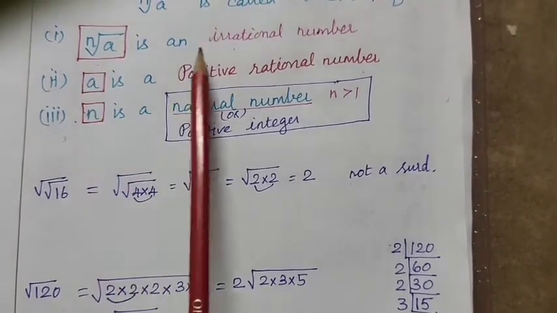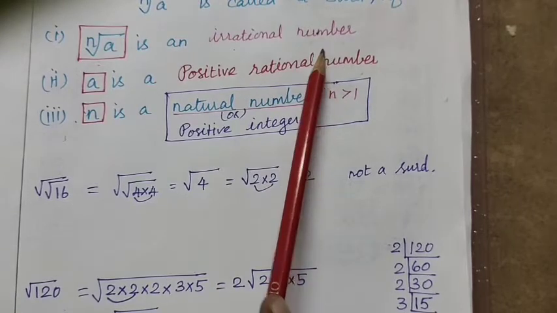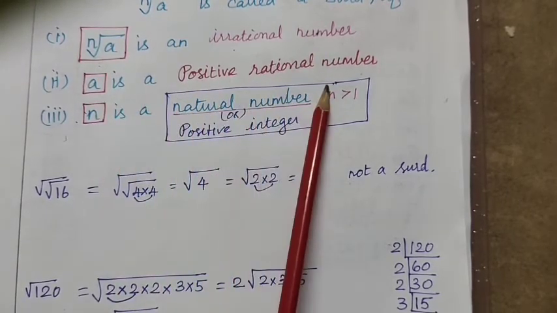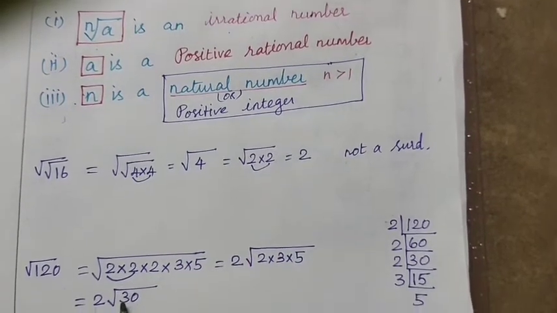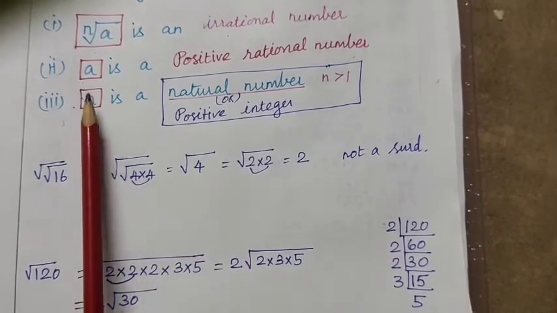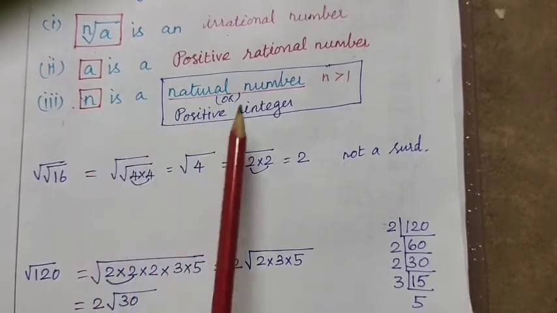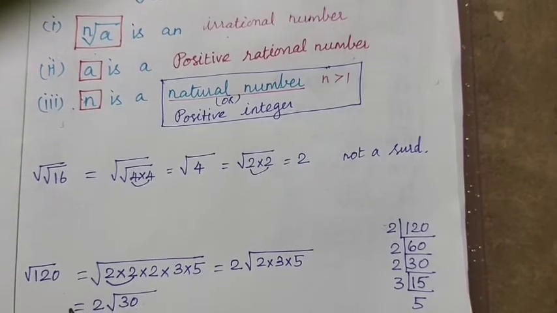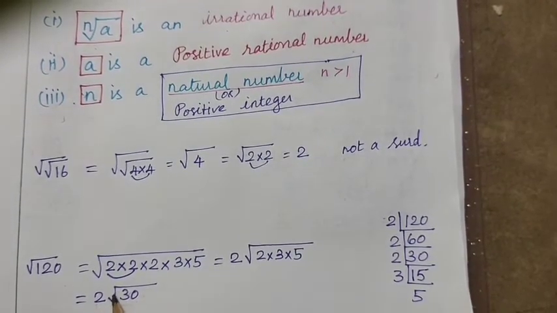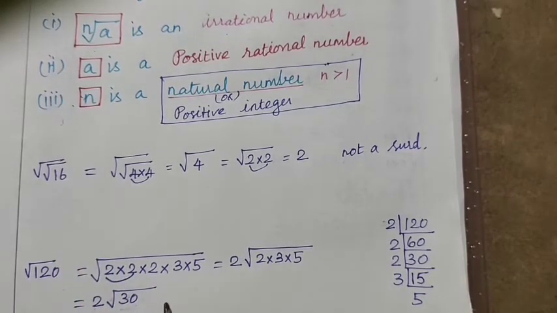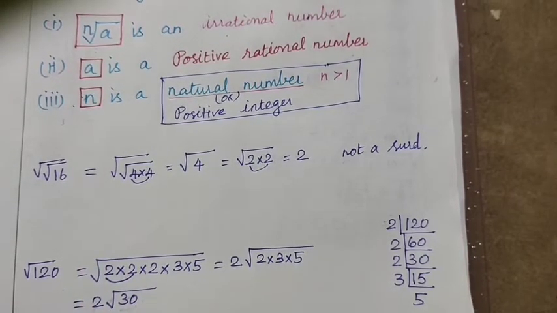This answer is an irrational number. First condition satisfied. A is a positive rational number. Here 30 is a positive rational number. Second condition also okay. Then n is a natural number or positive integer greater than 1. Here the root is n value is 2. So this also satisfied. So it is a surd.